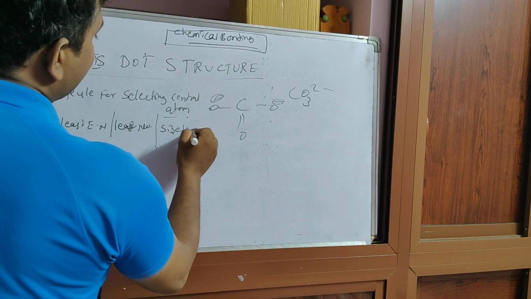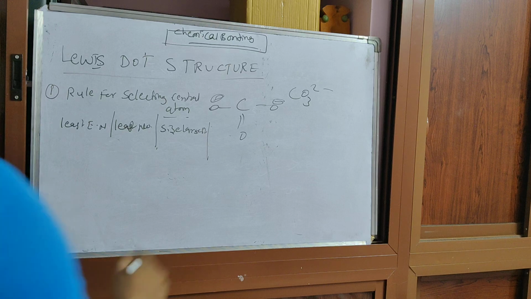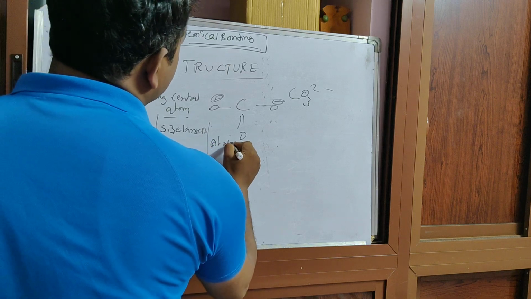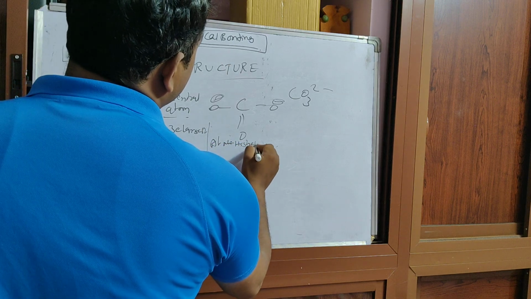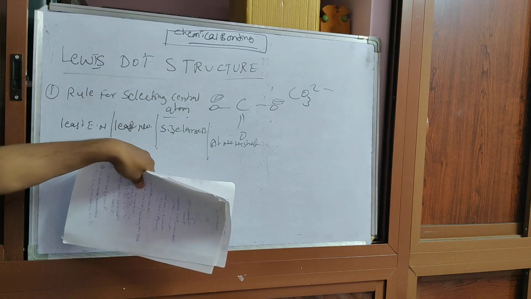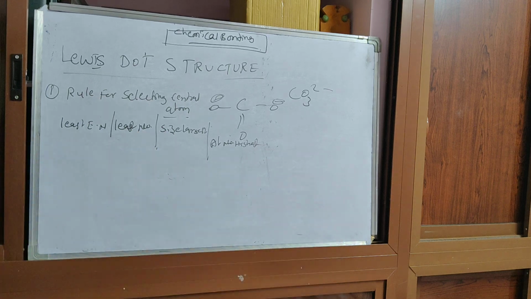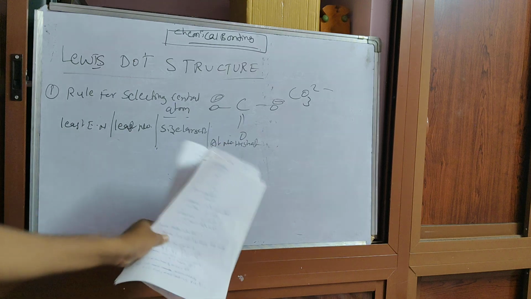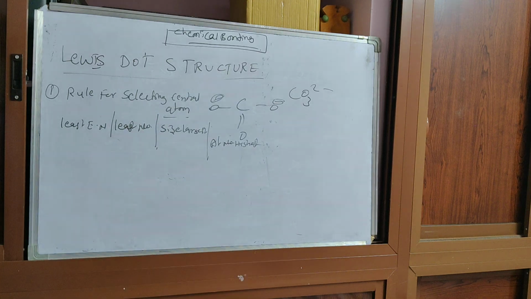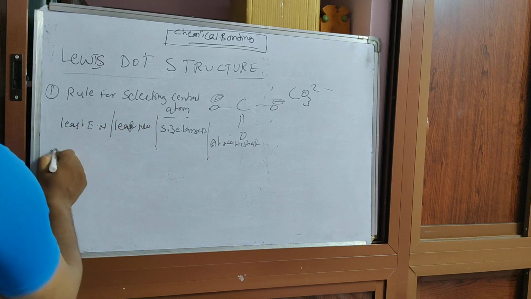If the size is largest, the atomic number is highest. So: least electronegative, least number of atoms, size is largest, atomic number is highest. If any of these conditions is satisfied, then we can identify the central atom.